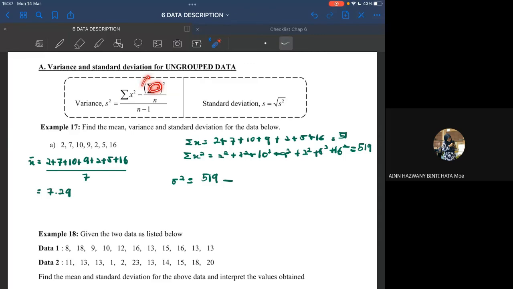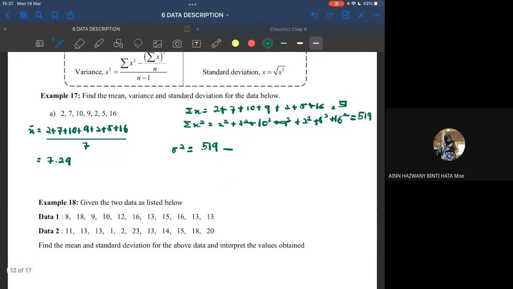Ini ialah summation of x kita squarekan, which means 51 square, divided by n which is 7, divided by n minus 1 which is 6. What's the answer here? 24.57. Okay, so that is the variance.